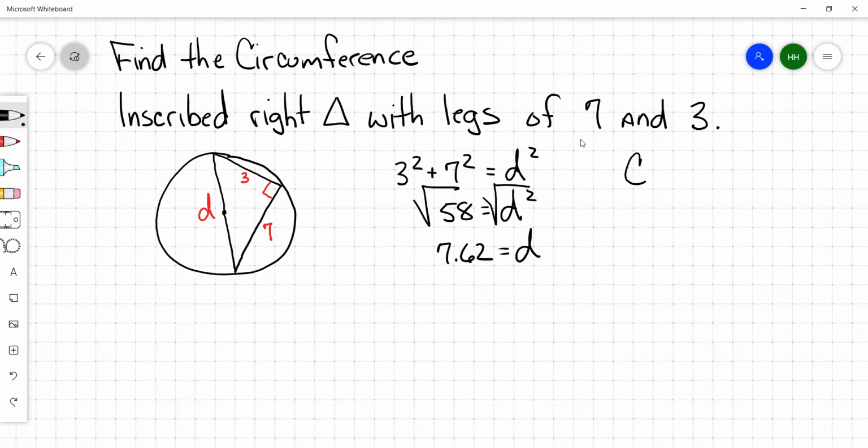So if your circumference equals pi times the diameter, then your circumference would be equal to 7.62 times pi. And if you need it rounded, you just take your 7.62 times your pi button and get 23.93.